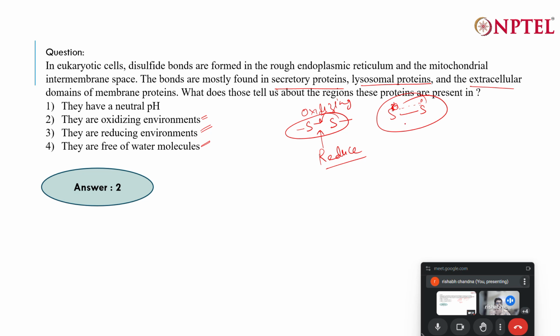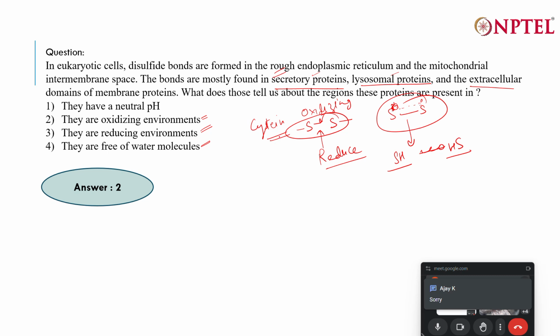If we are reducing this, then it would be separated and form an SH group. All the places where secretory proteins and lysosomal proteins are found are oxidizing environments, and in this scenario the proteins need to be stable, so disulfide bridges are formed between the cysteine residues.